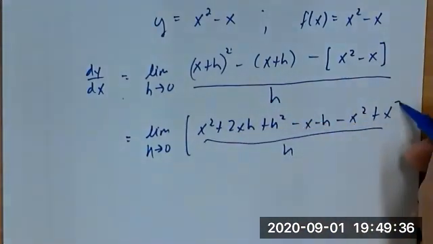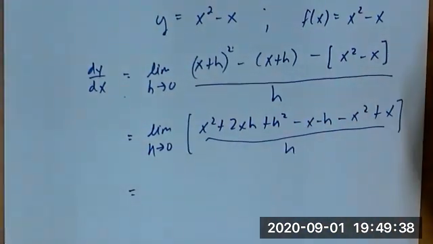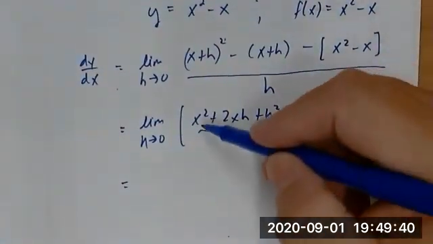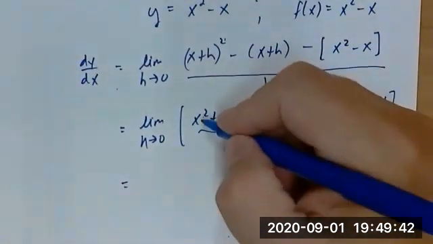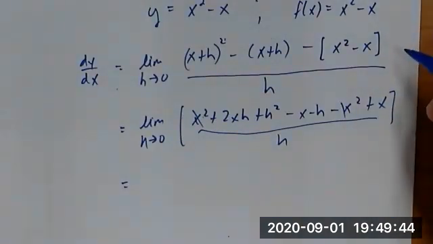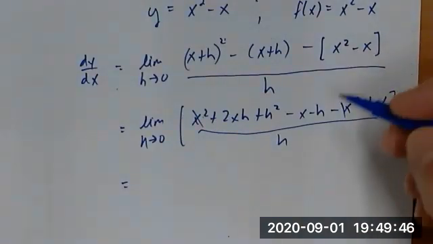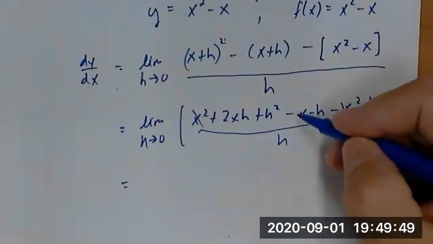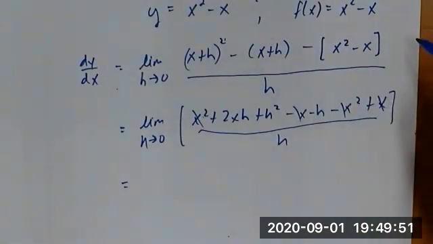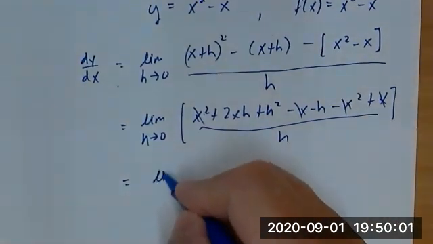All of that over h. So let's try and combine like terms. See what I've got. I've got an x squared minus x squared. I've got negative x plus x. So normally if you do these problems correctly at this point, a lot of things always cancel out. I think that's it.